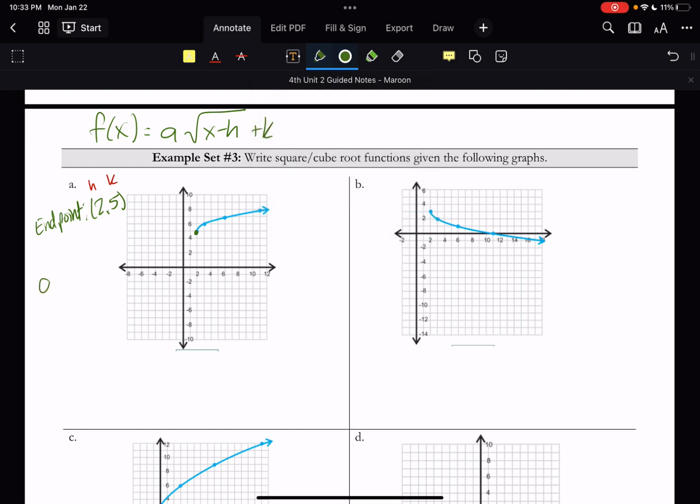Now to find my a, what you want to do is from the endpoint, go over 1 value. So I want to go to my right, 1 value, and then I want to count how much I go up or I go down from that point. So from my endpoint, I go over 1, I go up 1. So since I go up 1, that tells me that I have an a value of positive 1.